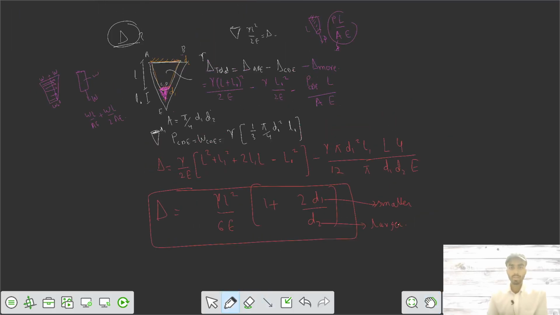We know if the tapering was such that diameter 1 equals 0, you would get gamma L square by 6e, which was your initial result.